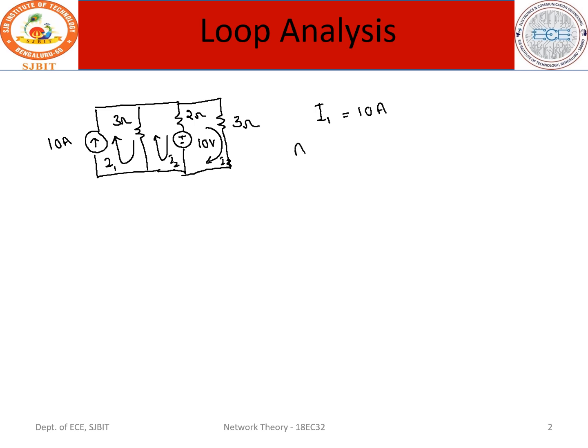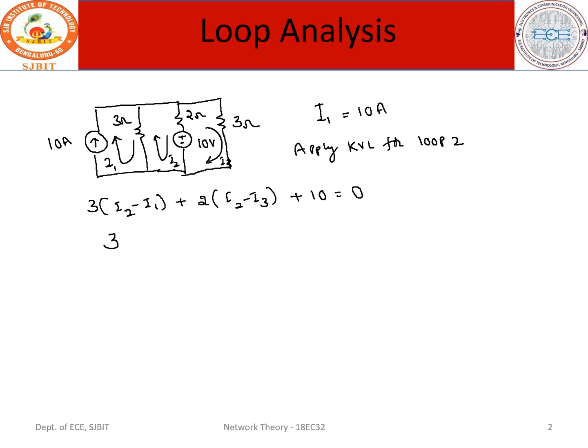Next, apply KVL for loop 2. Write the equation now. So 3 into the current flowing in that branch, which is I2 minus I1, plus 2 into the current flowing in that branch, which is I2 minus I3, since I3 is in the opposite direction of I2, plus 10, is equal to 0.